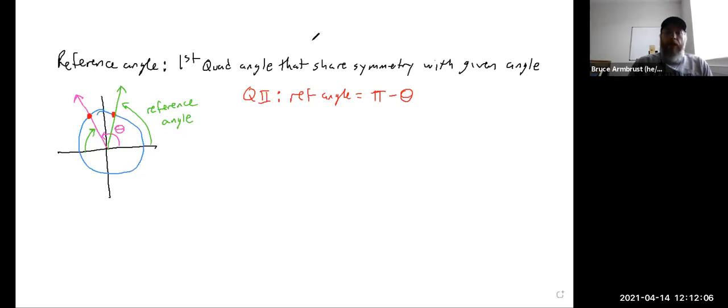All right, if we're in quadrant 3, so let me take another color here and go into quadrant 3. We're going to be looking for, again, the point that shares the symmetry. So we're looking at this guy down here. Now this is my theta, and my reference angle is now going to be this one.